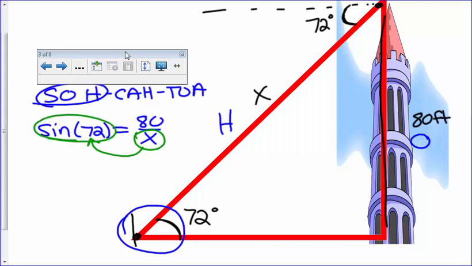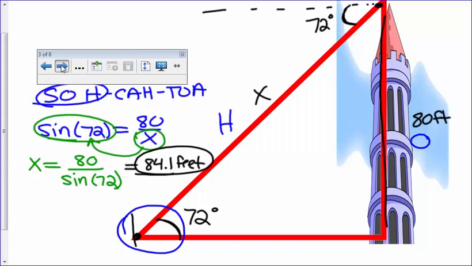So in my calculator, we would be typing x equals 80 divided by sine of 72. Make sure your calculator is still in degrees. If you didn't reset it, it should still be there from when you did it yesterday. All right, so my answer for this particular problem, I'm going to get a decimal. We'll round to the nearest tenth for this one. It doesn't specify, but we're going to get about 84.1 feet as my answer.